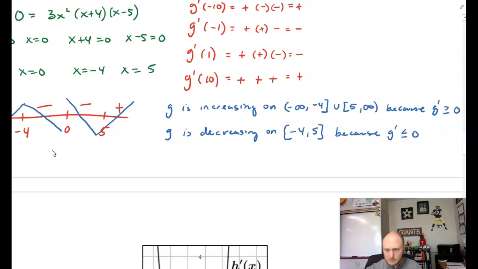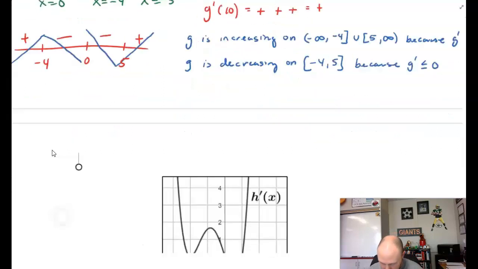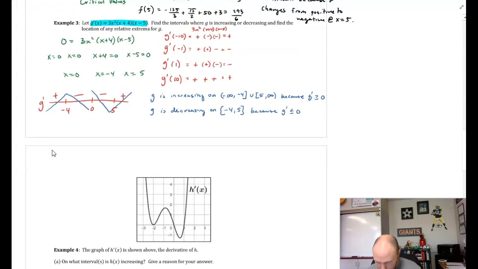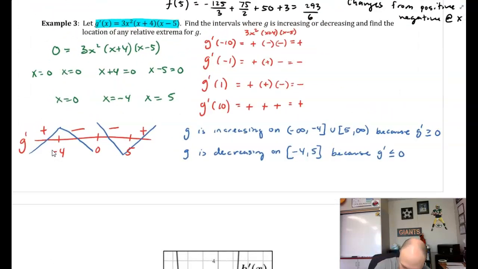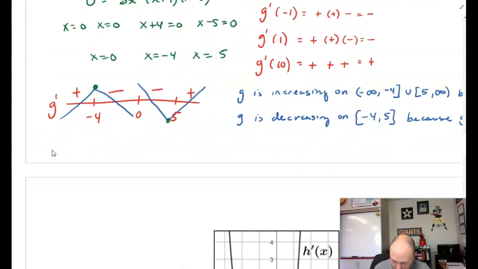Okay, and then how about extrema? Well, it looks like we have a maximum at x equals negative 4, and a minimum at x equals 5.